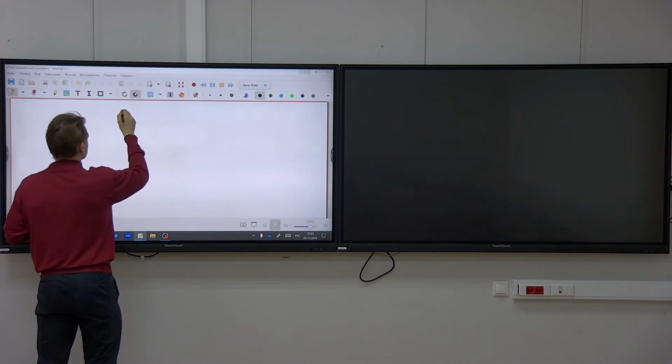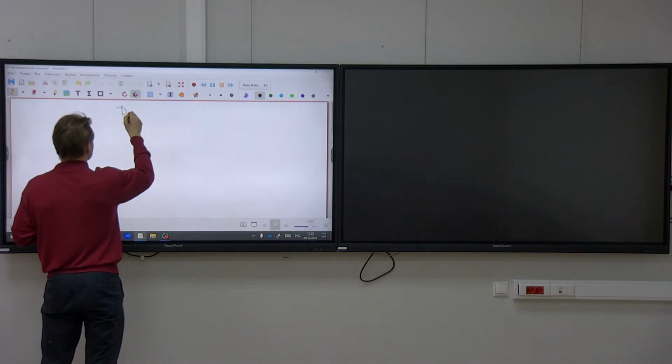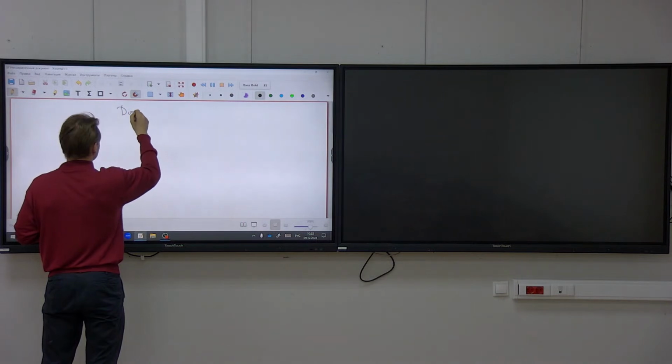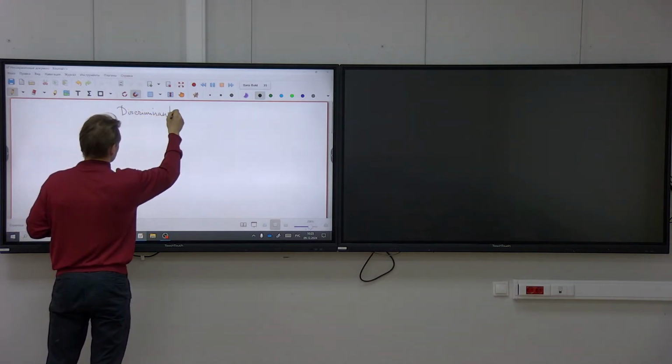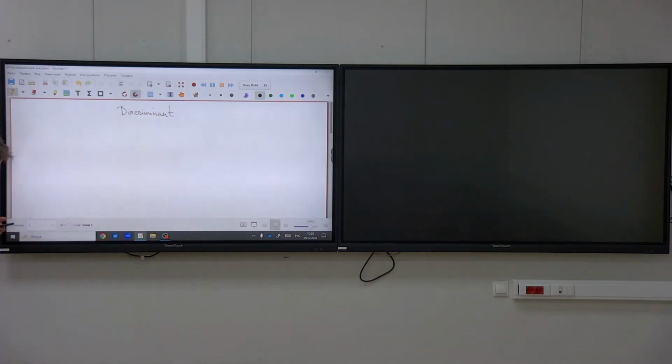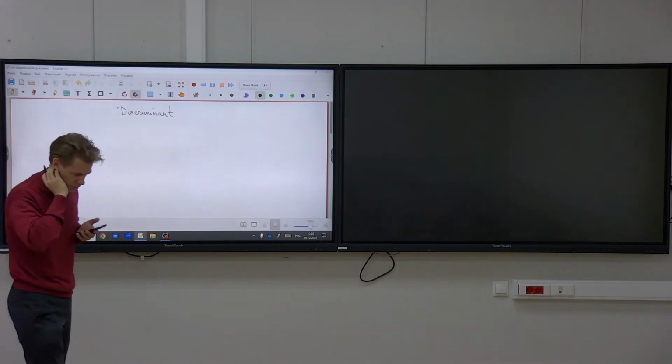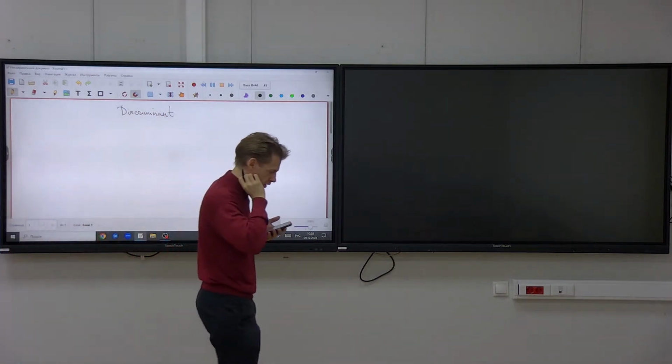So, I want to start with the discriminant because it is a starting point of studying the ramification locus, but later we shall understand that.